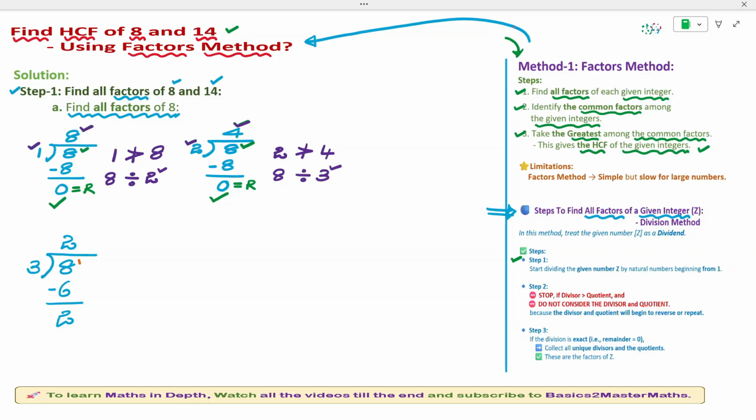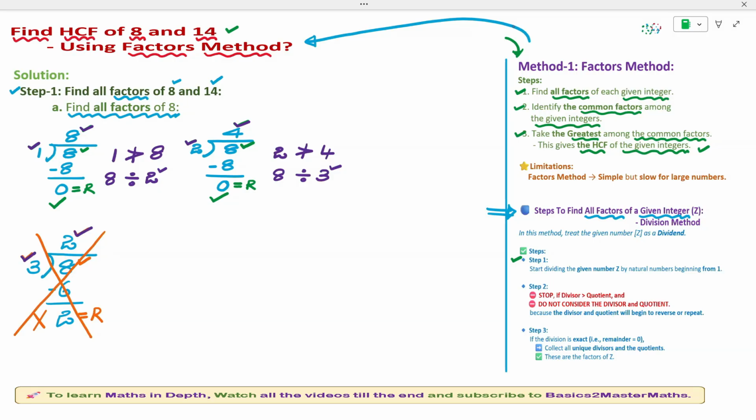When we divide 8 by 3, we get 2 as the quotient and 2 as the remainder. So, this division is not exact. Therefore, please do not consider this step.